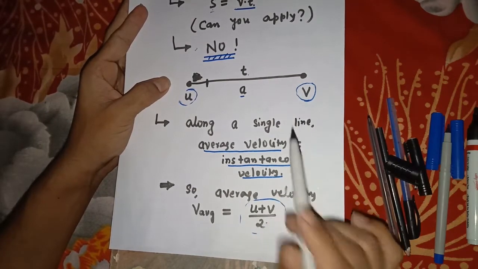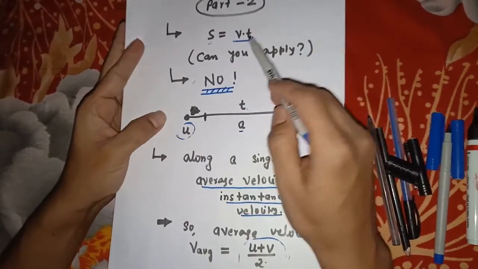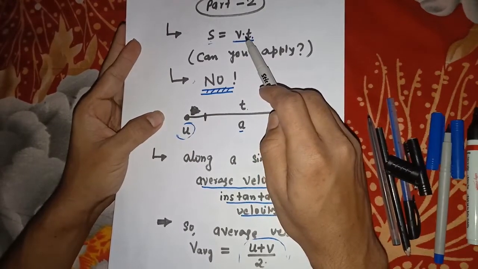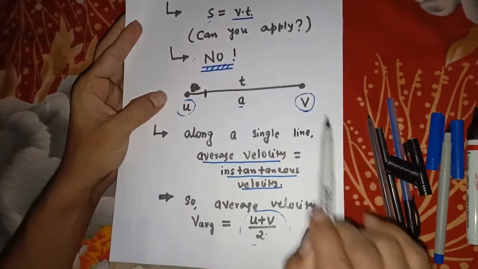So automatically we can apply the formula distance equals velocity times time, because we replaced all the velocities by a single velocity.